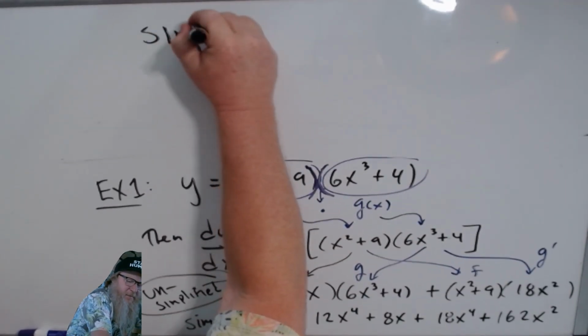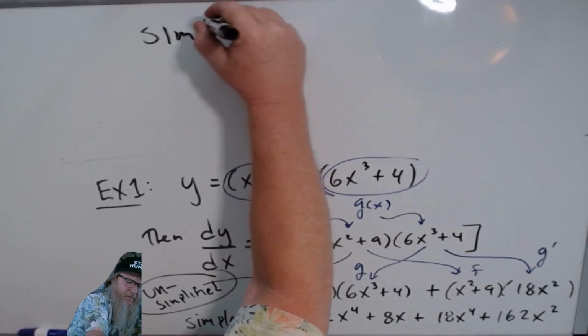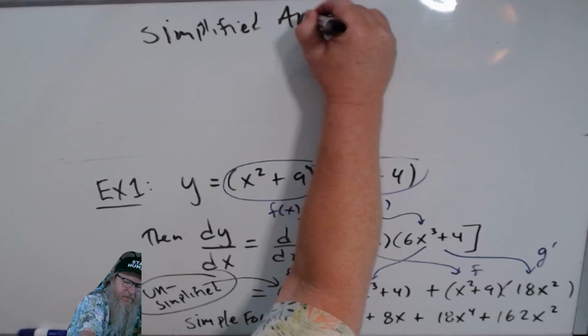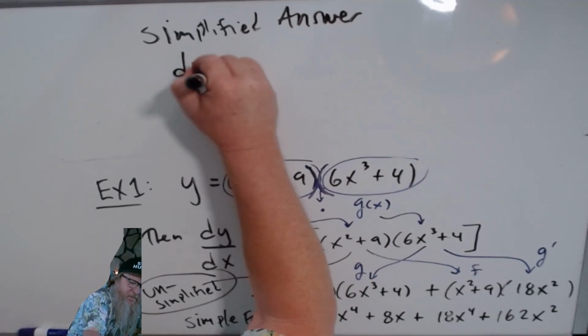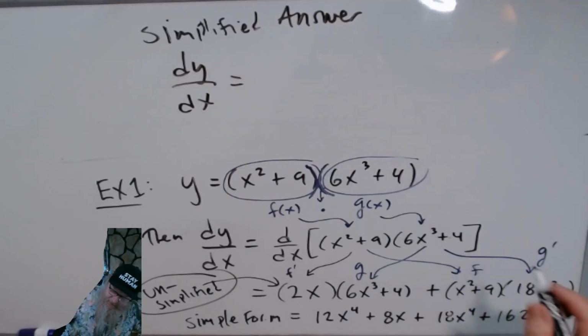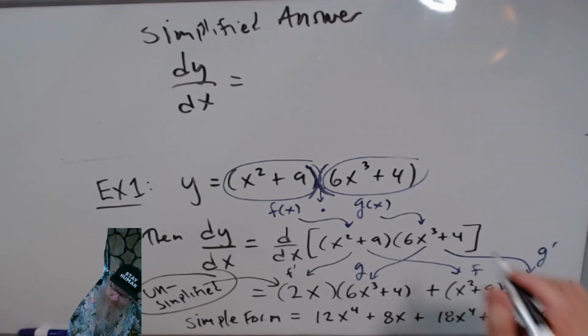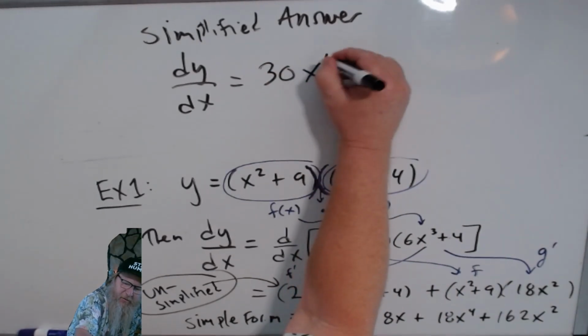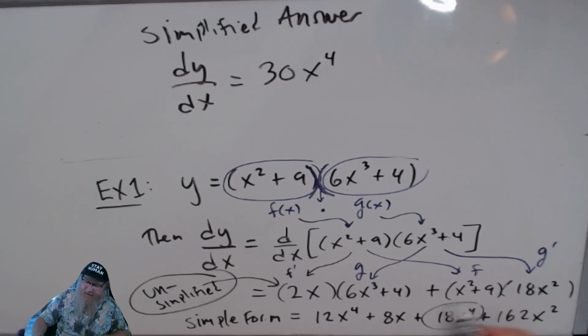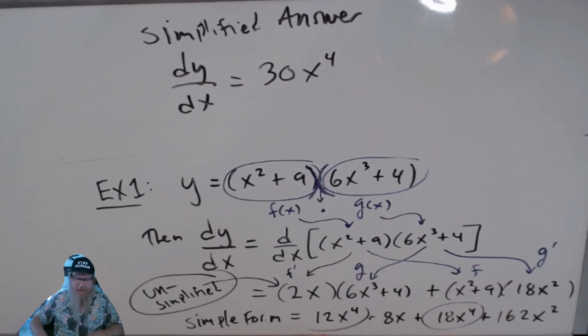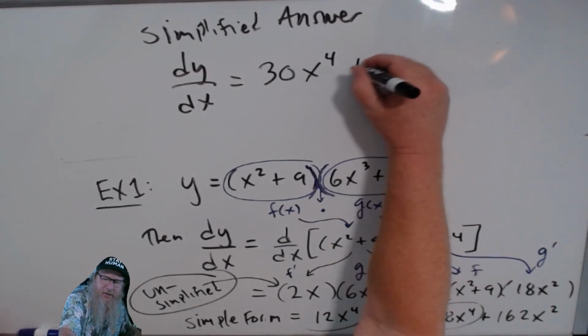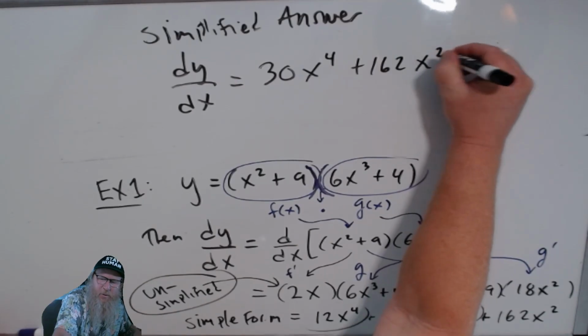So the simplified answer, dy dx, is 30x to the 4th, because I'm combining the 18 and the 12. Those are both x to the 4th. Then 162x squared.